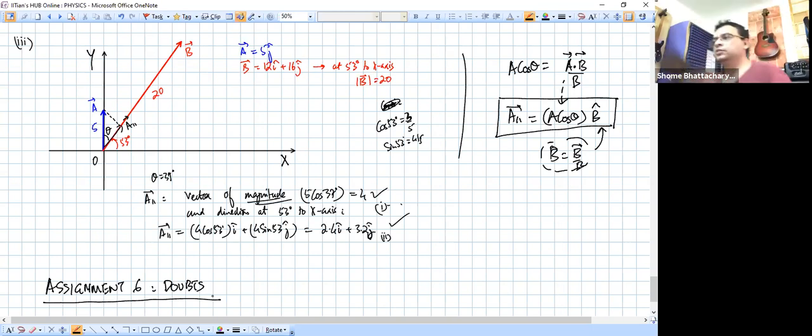Question number 2, okay, we'll start with that. Two and 3, okay. So people, just open worksheet number 6 and start with question number 2. Go through question number 2, I'll explain.